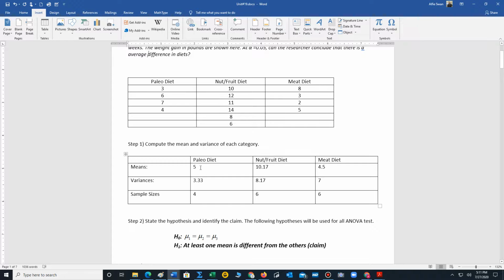We can use our calculators to accomplish this. So the mean and variance for the paleo diet is listed here. Also, I list the sample sizes. Those values will also be important. For the nut and fruit diet, we have our mean, variance, and standard deviation. And for the meat diet, same thing here.